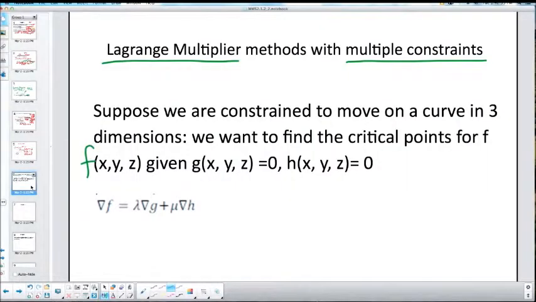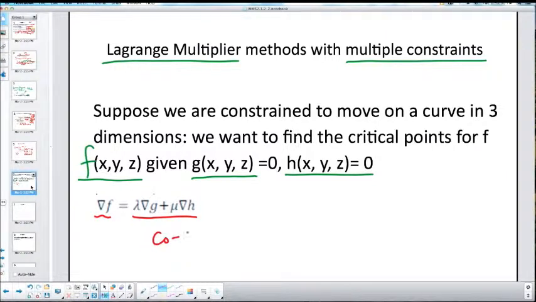So to make it simple, again, I have an objective function f, have 3 variables, and give you 2 constraints, g and h. Then the same principle. The Lagrange method tells you the gradient of f must be coplanar.